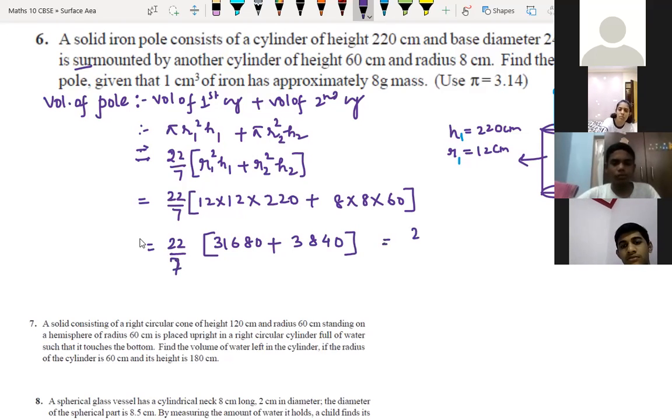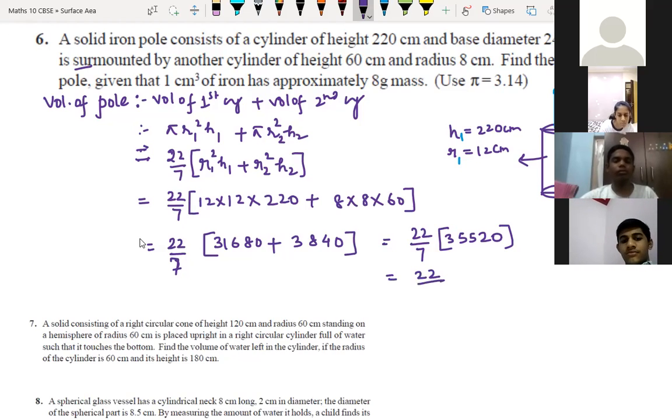So we can write 22 by 7 multiplied by the total, which gives 35520. Then you divide by 7.